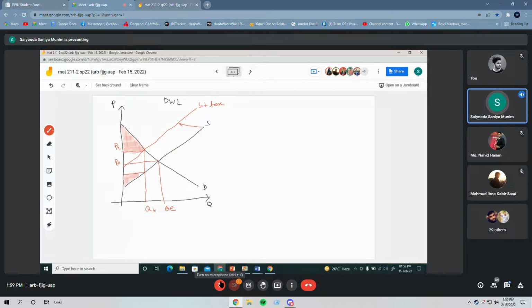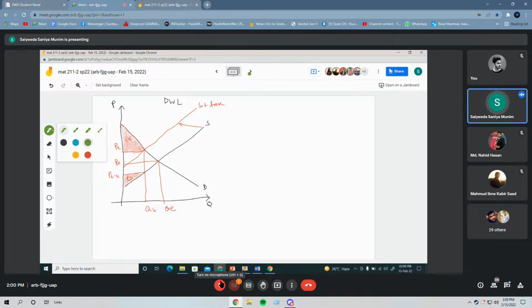Producer now receives a price PT minus T. He gets PT from the consumer. From that, he pays tax, the vertical distance between the two supply curves. After paying the tax, the producer receives PT minus T. So his producer surplus also decreases because of tax.